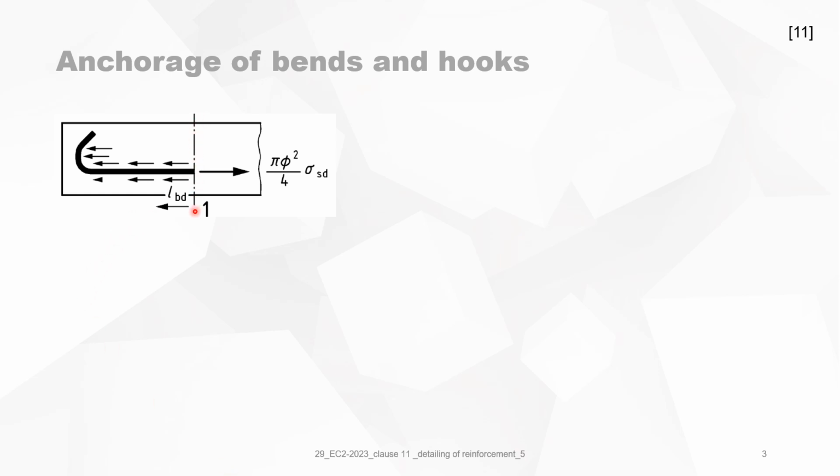Section 1 is the control section. Starting from section 1 to the left, it's the anchorage length, and it must resist the force on the rebar, which is the cross area of the rebar times the tensile stress in the rebar.